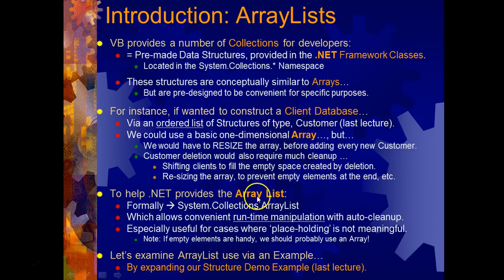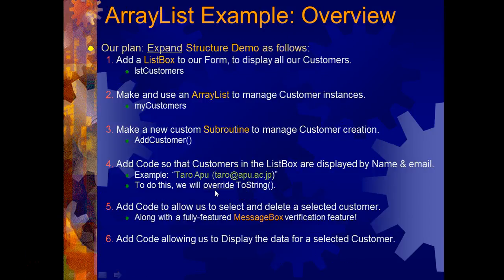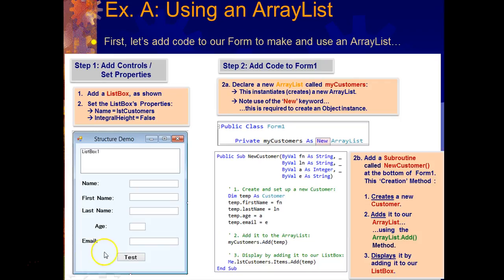So we're going to use something called an array list. Here's what we're going to do. We just saw this in the last video. We're going to create an array, but it's actually an array list, and then store things in it, just like we did before. We create a new array list called my customers.